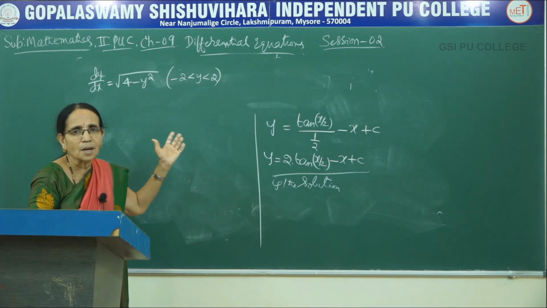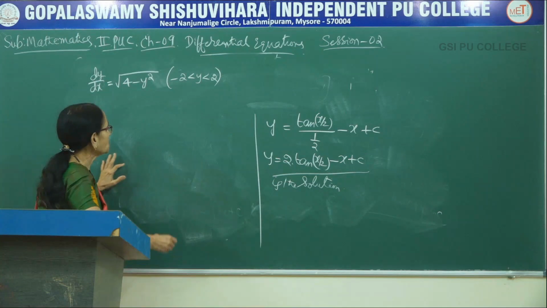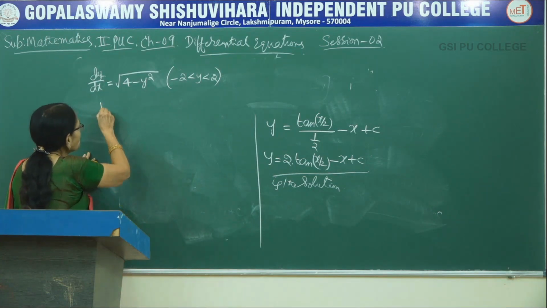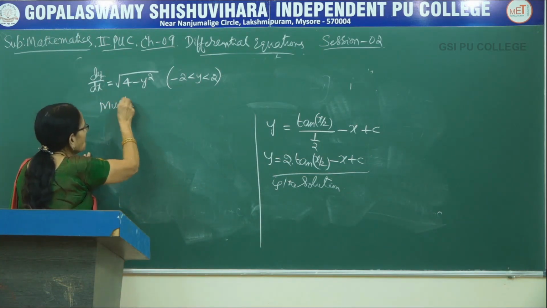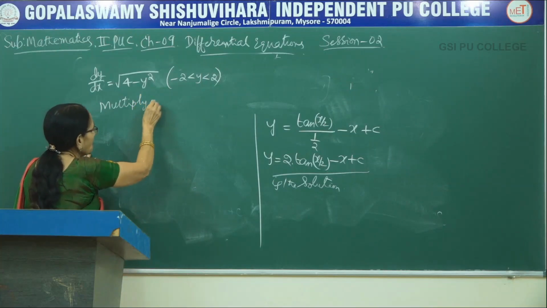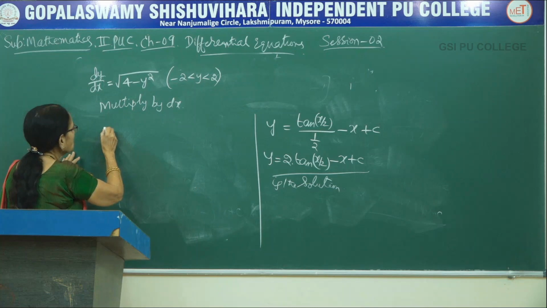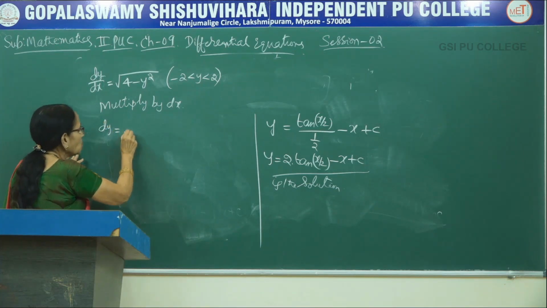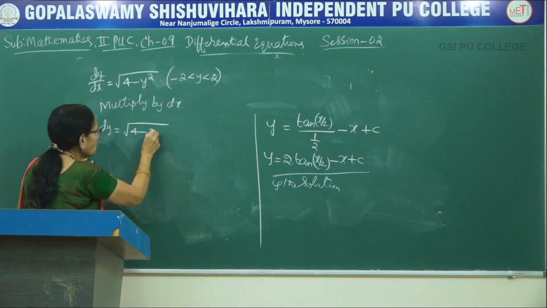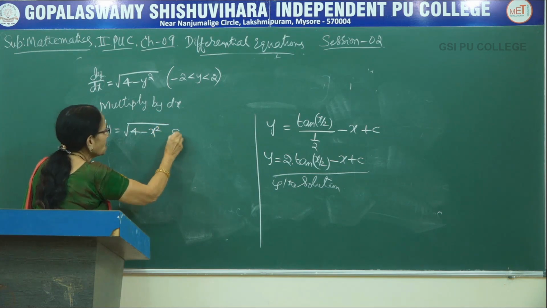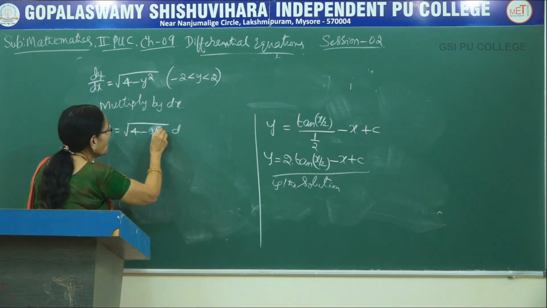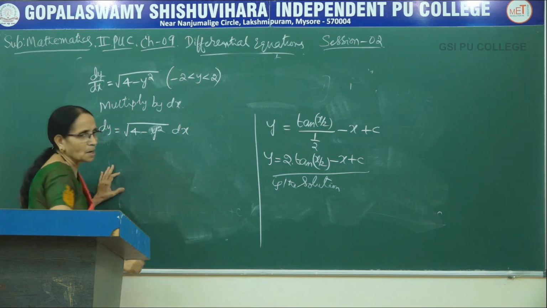Here it is not having x, it is having y, isn't it? So what I do is, first as usual, take that dx to the right hand side, multiply by dx, that is dy would be equal to root of 4 minus y square into dx.